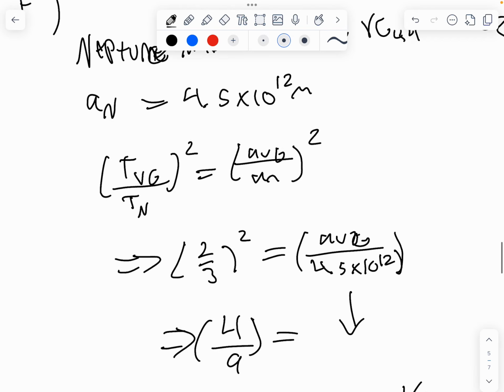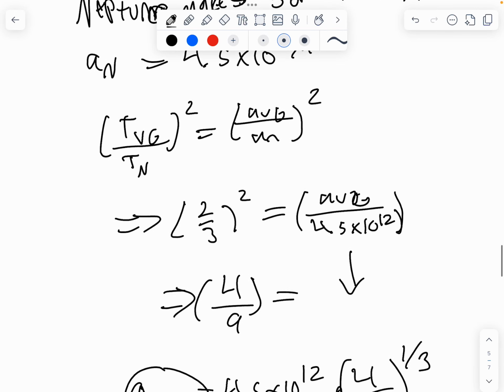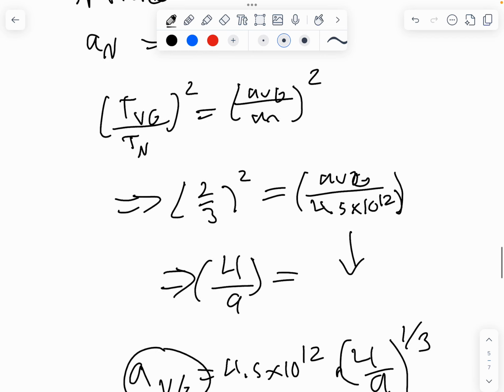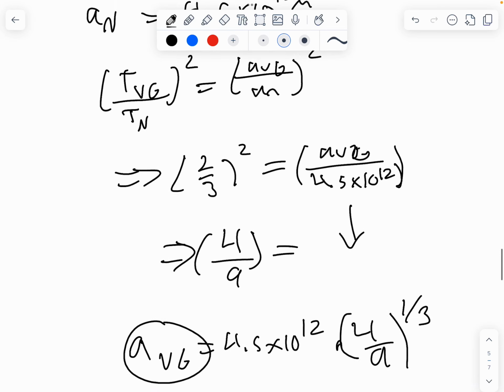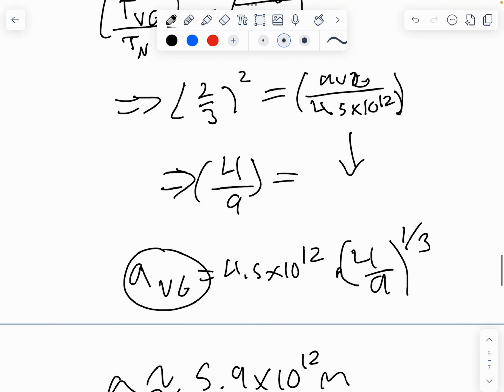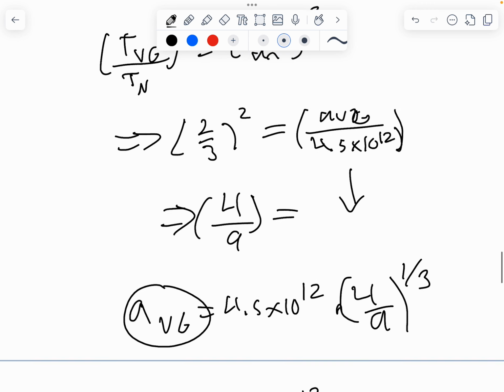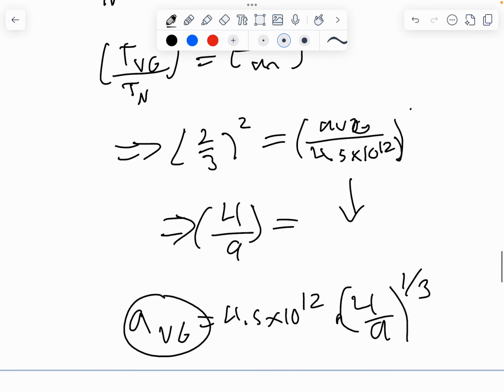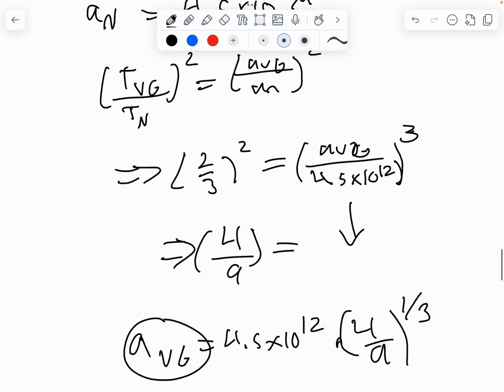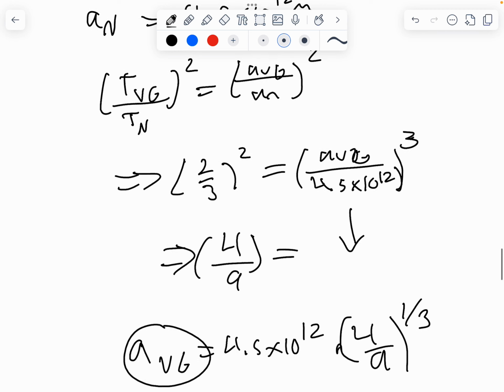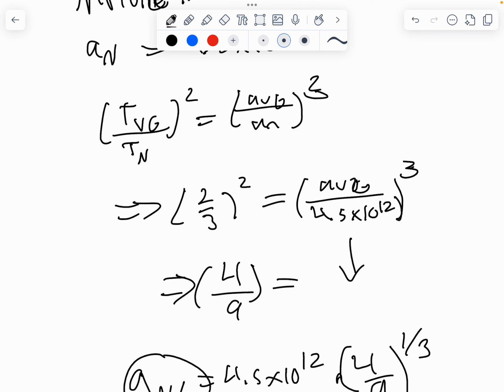Okay, I know I got a little lost in translation. Pretty much, to find A_VG, you're going to have to take the cube root of this one right here, because it is cubed. And the only reason it is cubed is because of this ratio here, because the resonance ratio is like that.